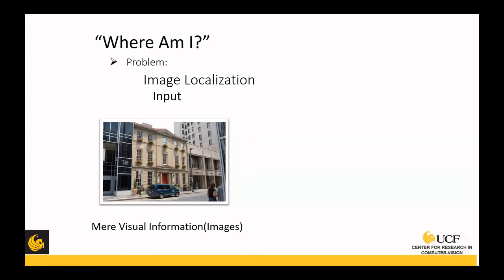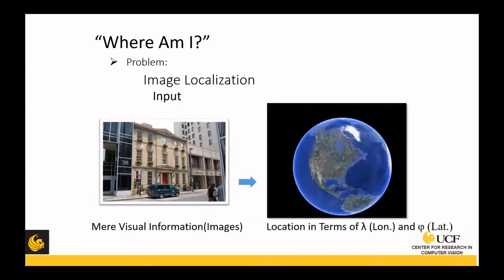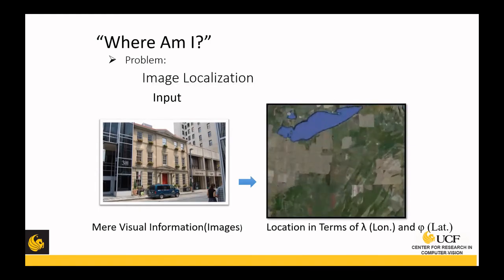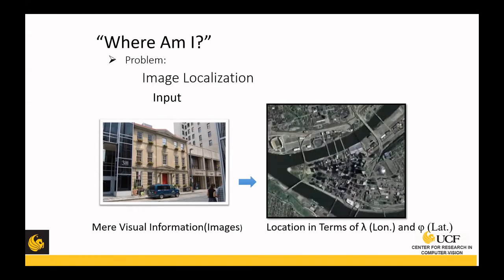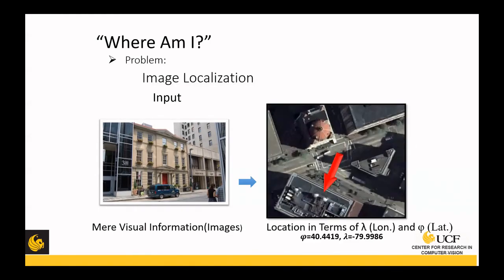So that's why it's where am I? So let's say you take an image and you want to find out what's your GPS location. And so we can do that using this method, and we'll find out the GPS location is this one, longitude, latitude. And this happens to be taken image in Pittsburgh, Pennsylvania.